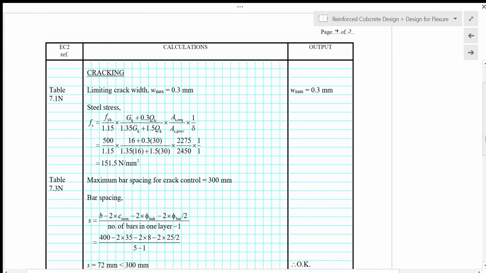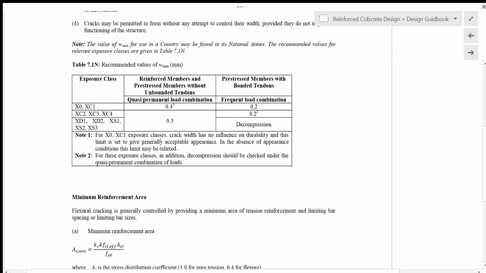Next, we want to look at cracking. For cracking, first we refer to table 7.1n to get the maximum crack width. In our design, our beam exposure class is XC3.